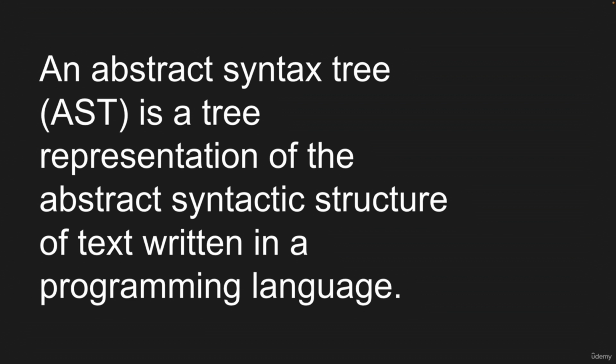It's basically the more complicated programming languages that usually use an abstract syntax tree. It's the abstract syntactic structure of text. So let's say it's x equals 5. It'd be the variable x and then equals and then 5. That's pretty much what an abstract syntax tree is.